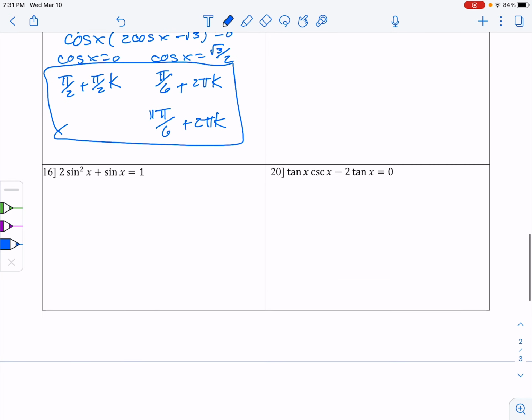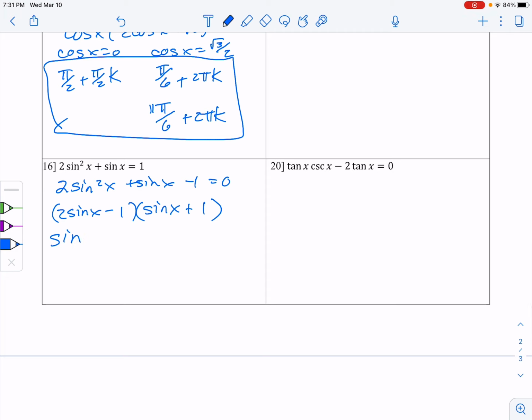Last problem. Set it equal to 0. Factor. The only way to get 2 sine squared of x is a 2 sine x and a sine x. And the only way to get 1 is 1 and 1. And I need a positive in the middle, so that's a positive, that's a negative. So the sine of x is equal to positive 1/2, or the sine of x equals negative 1.